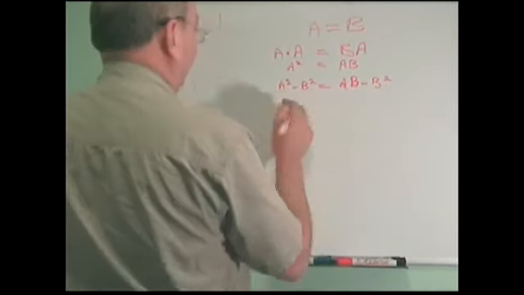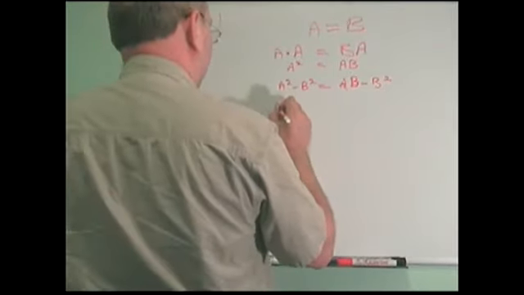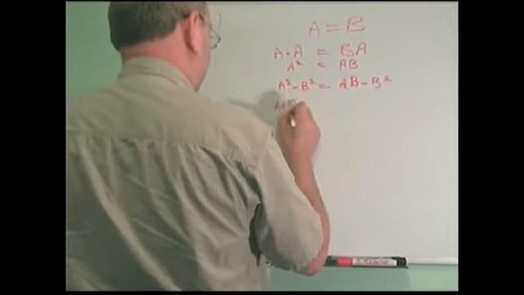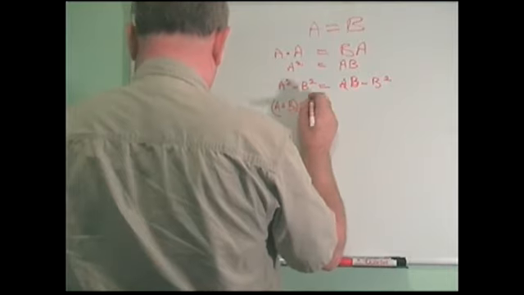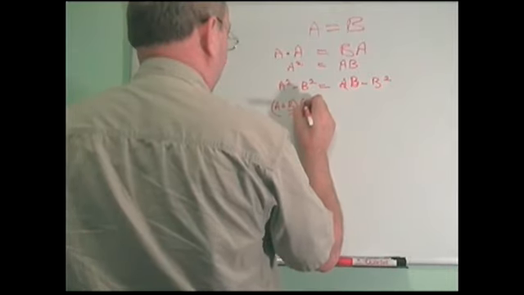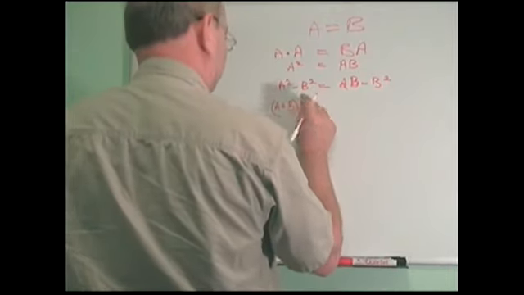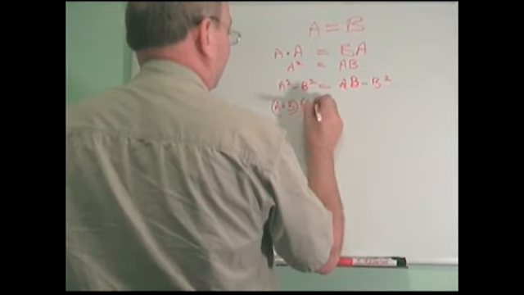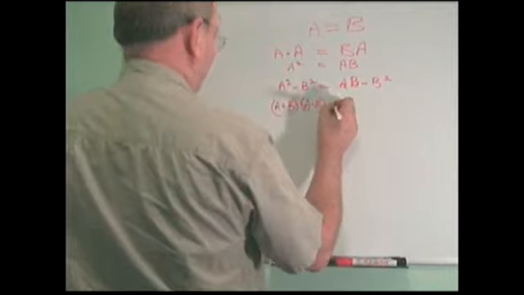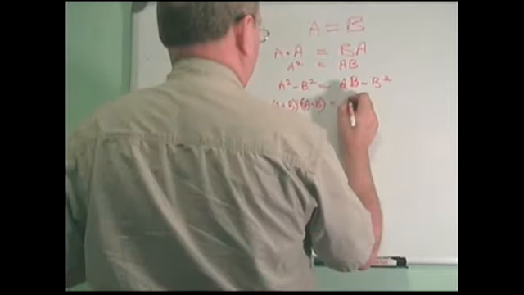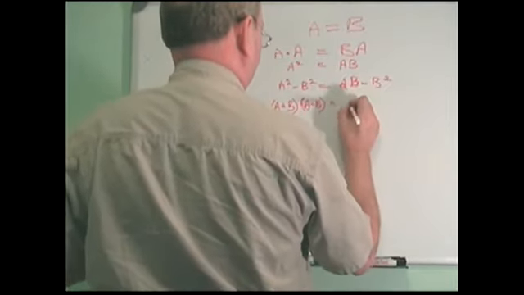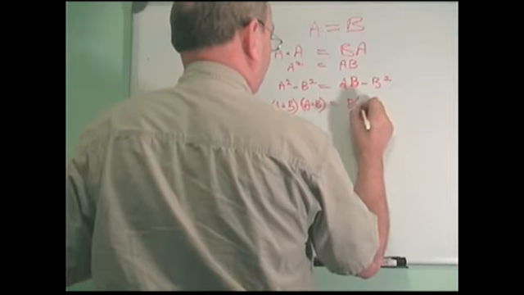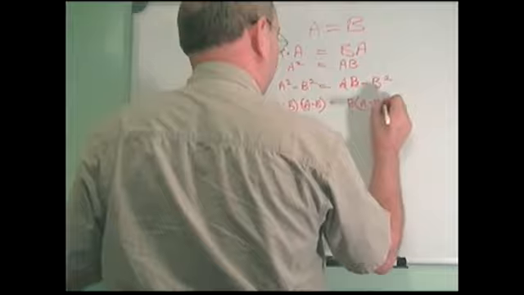Now we're going to factor this out, so we have (A plus B) times (A minus B), that's going to equal, factoring this out, B times (A minus B).